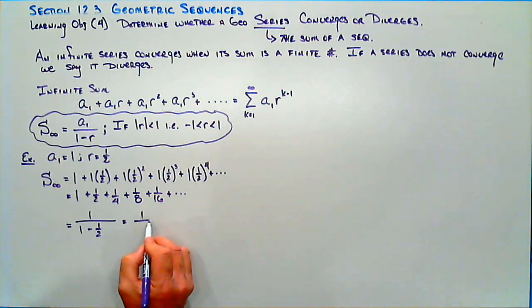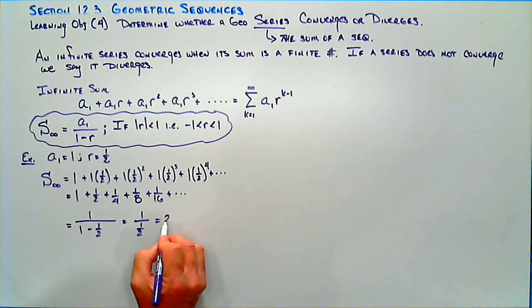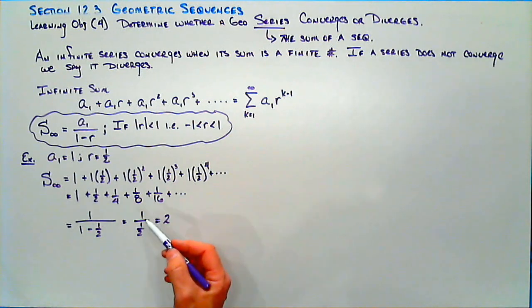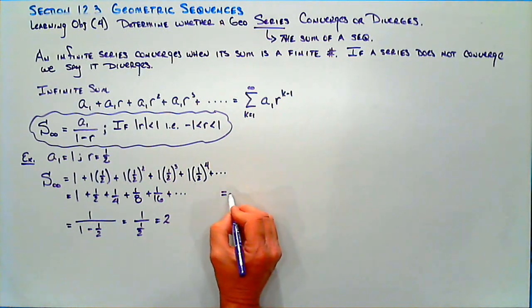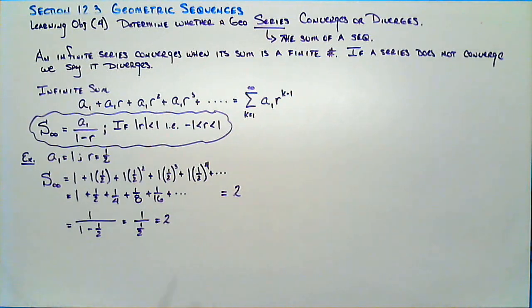That's 1 divided by 1/2, or 2. If you add this up until time ceases, you get all the way out here at infinity, you only get to 2. That's it. The theorem says so. It's not going to lie to us. It's going to tell us right there the answer is 2.